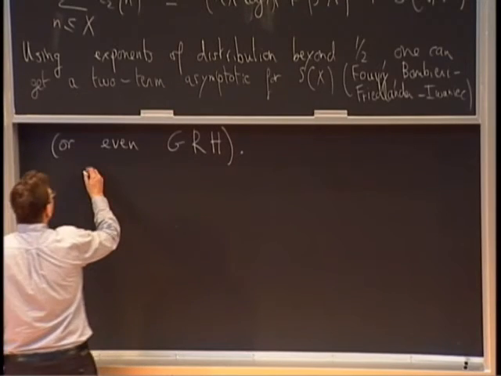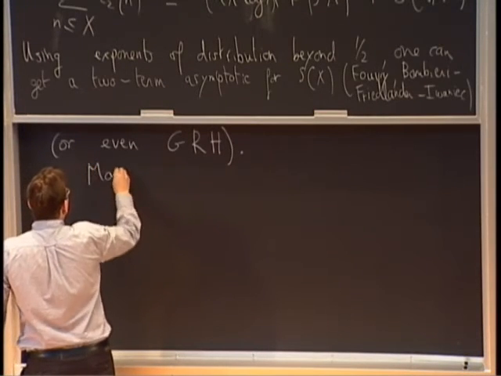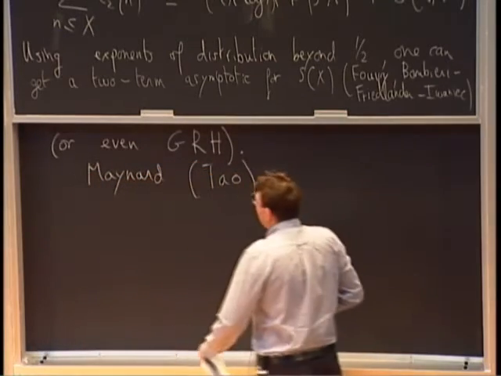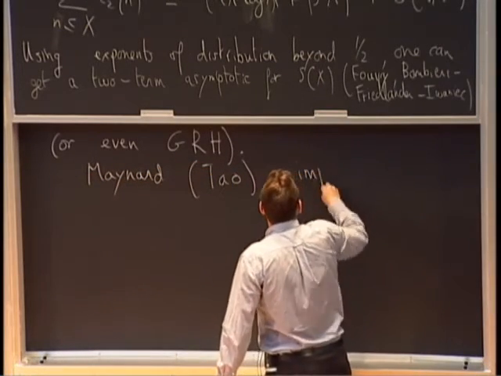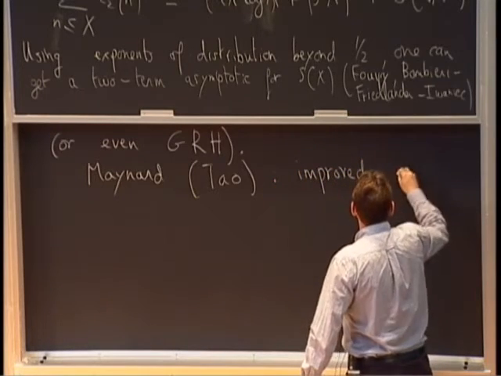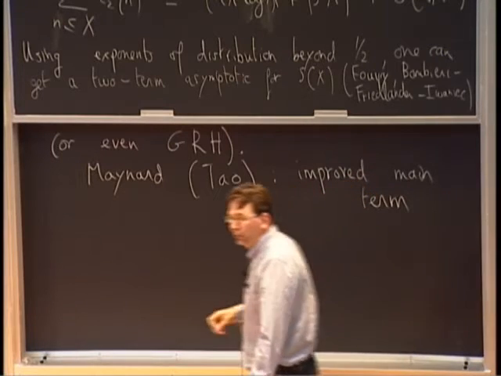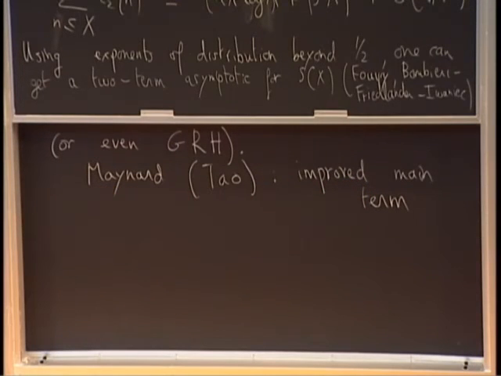Okay. So what James did, and as you've heard also independently, Tao, what they did was they improved the main term by better choices of the weights. And this is what I'm going to not talk about, since we already saw James's exposition of that.